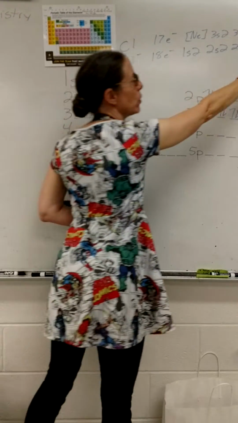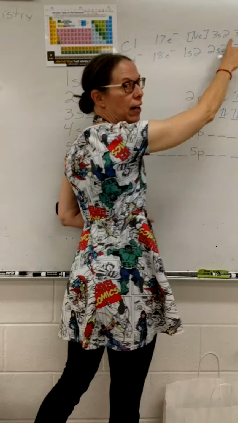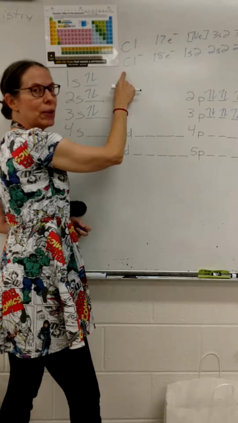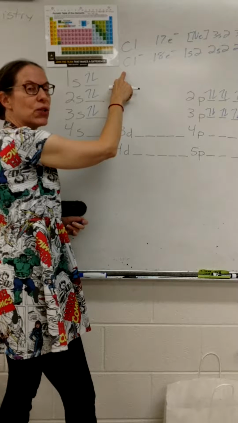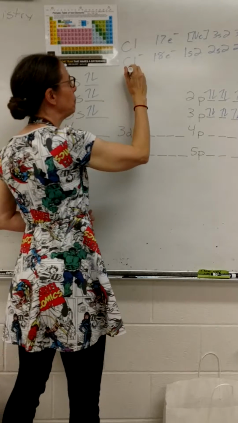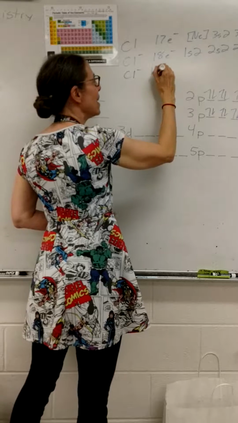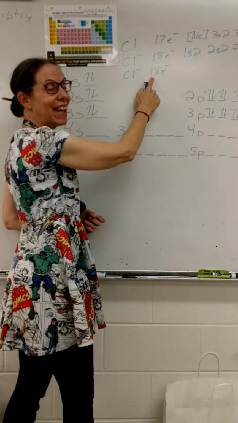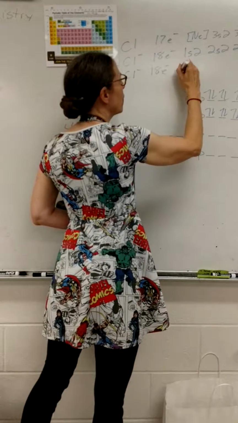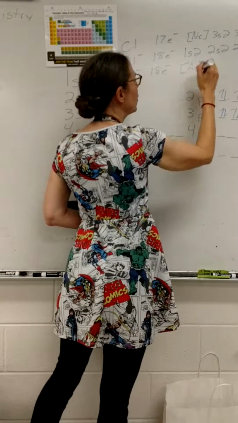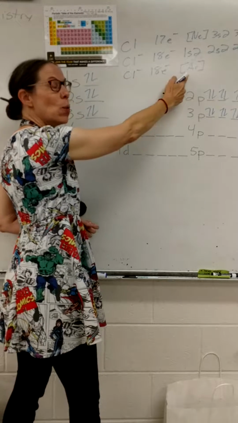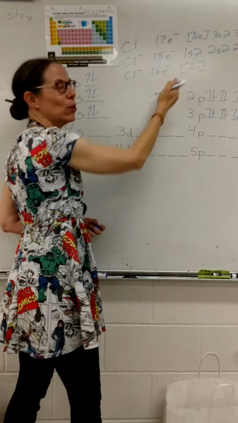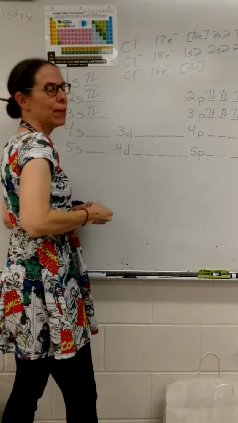You'll notice that we have a 3p6 instead of a 3p5 because chlorine stole an extra electron. Or I can do the noble gas configuration. Chlorine stole that 1 extra electron, so it has 18 electrons. Well, the noble gas closest to that is argon. That has 18 electrons. So the noble gas configuration of the chlorine ion would just be argon. That's why chlorine stole that extra electron, so it can look like one of the noble gases.